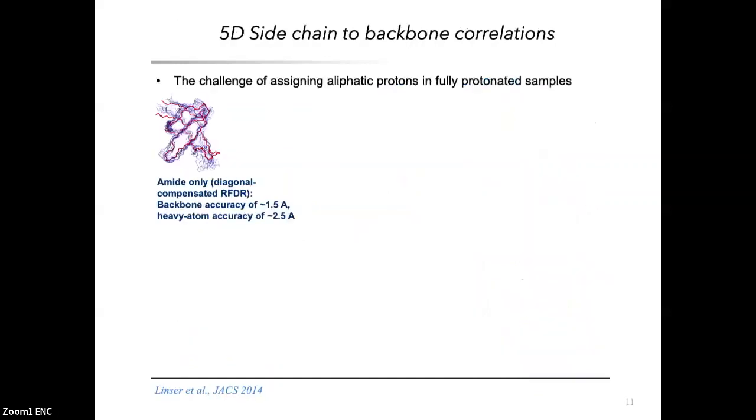So this is just before Len throws me off the stage, something that I want to touch on. We can also combine sidechain; you can use 5D experiments for getting really unambiguous sidechain assignments. And so a backbone fold can already be obtained pretty nicely on the basis of amide to amide connections.